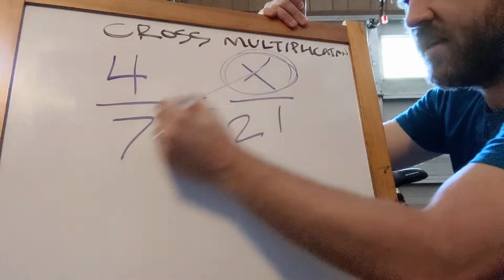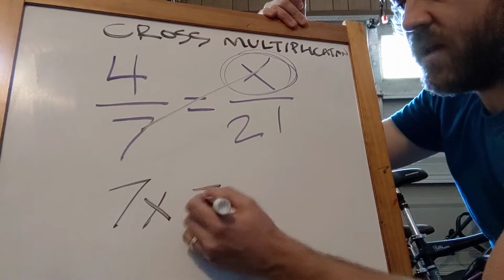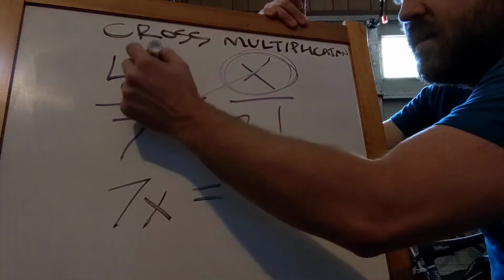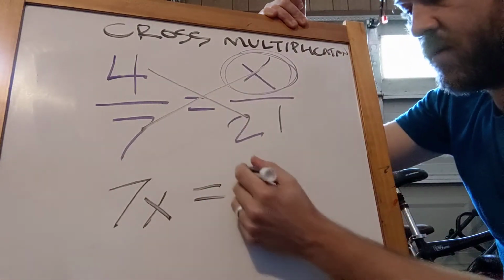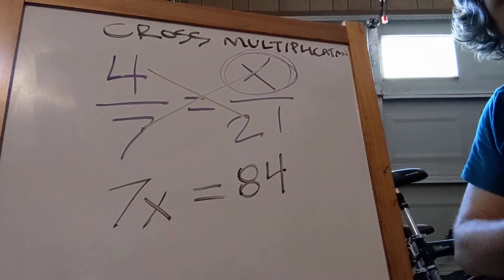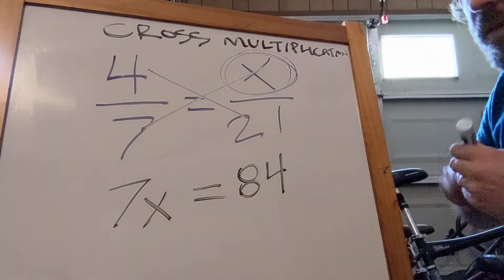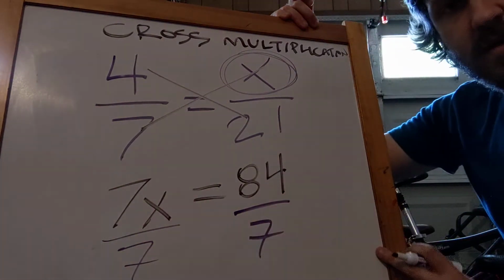So we're going to multiply these numbers, 7 times x, and we know it's equal to these numbers multiplied, 4 times 21. So 4 times 21 is 84. And so then I have 7x equals 84. So I'll divide by 7 on both sides.